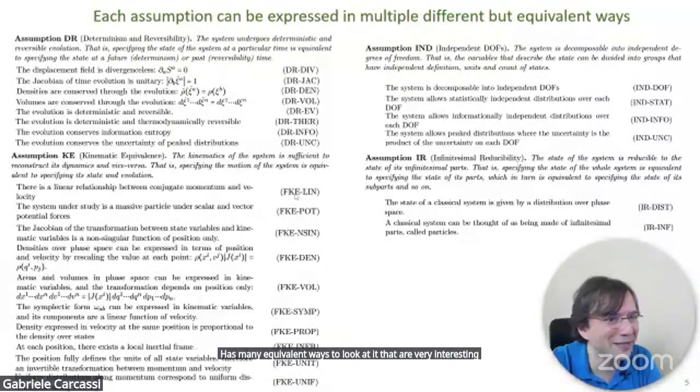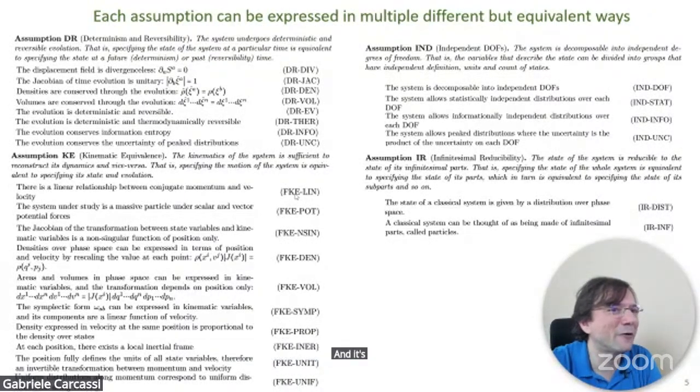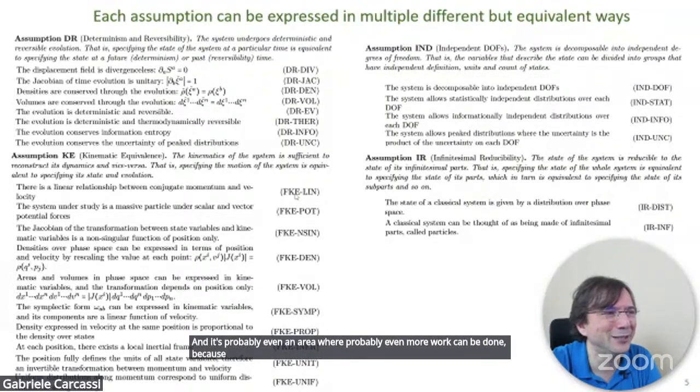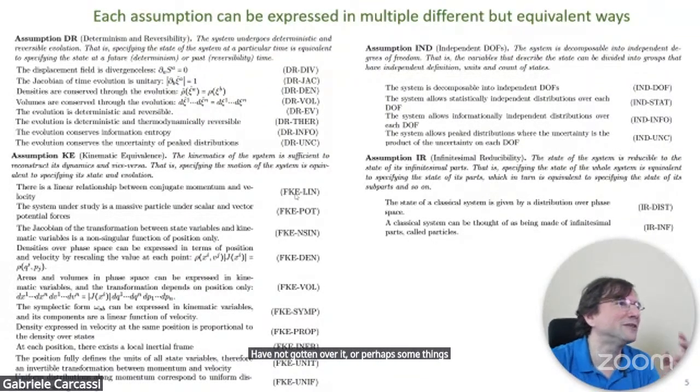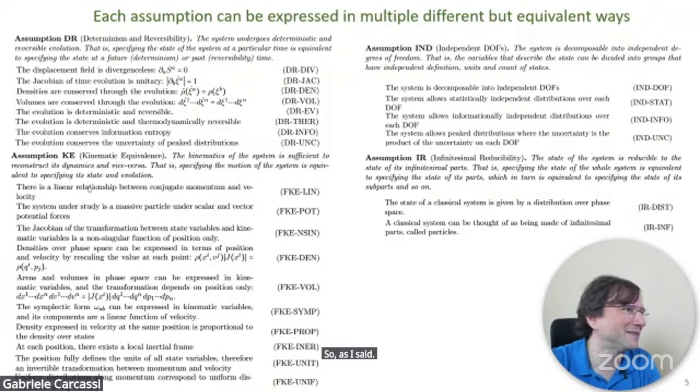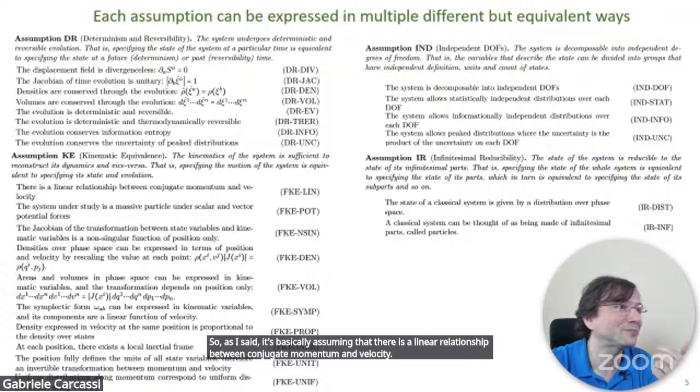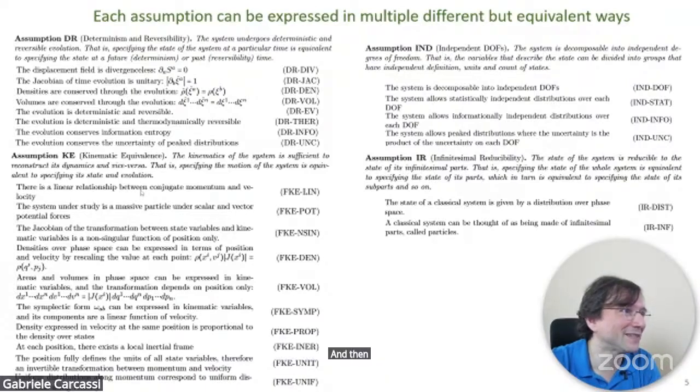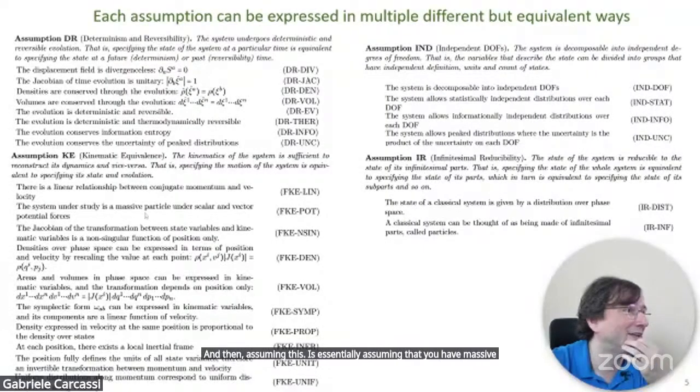It's probably even an area where more work can be done, because I still have not gotten over how some things are surprising. So as I said, it's basically assuming that there is a linear relationship between conjugate momentum and velocity. And then assuming this is essentially assuming that you have massive particles under scalar and vector potential forces.